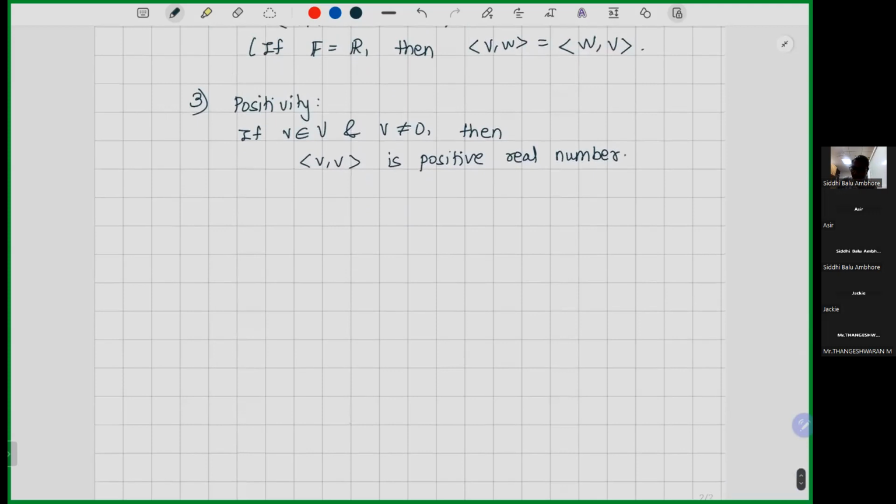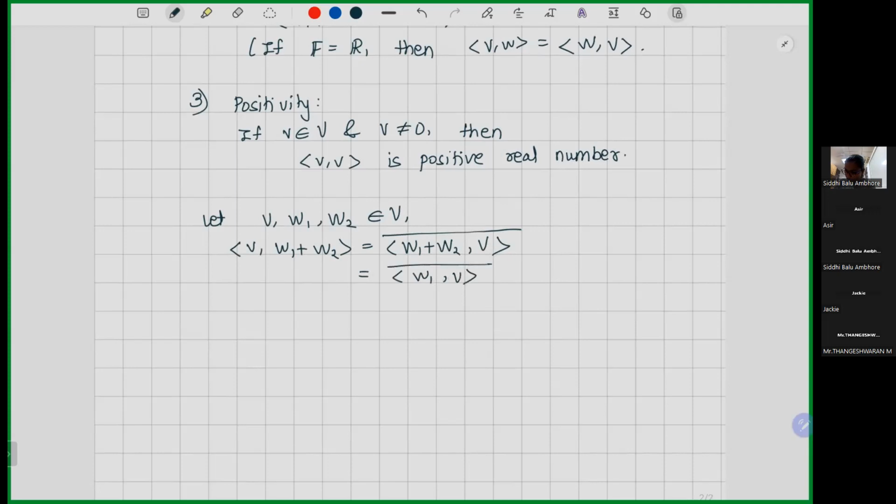So let V comma W1 comma W2 be in V. This is discussed in the lecture, but I'm just reviewing it again. So V comma W1 plus W2 is W1 comma V plus W2 comma V, conjugated.